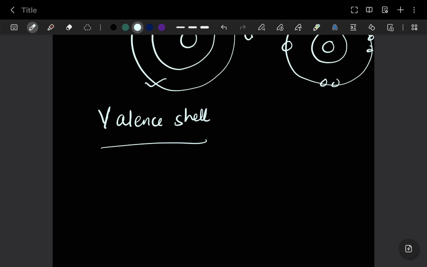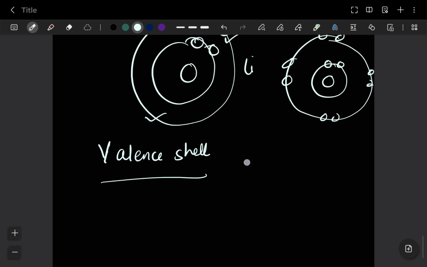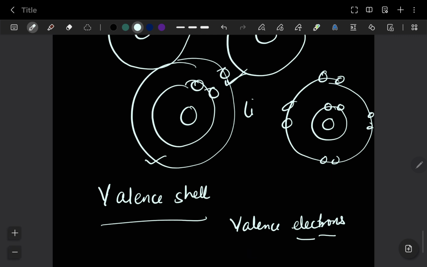Clear? And the outermost electrons are the valence electrons. Clear? So valence electrons are the outer electrons. Clear? In lithium there is only one valence electron.